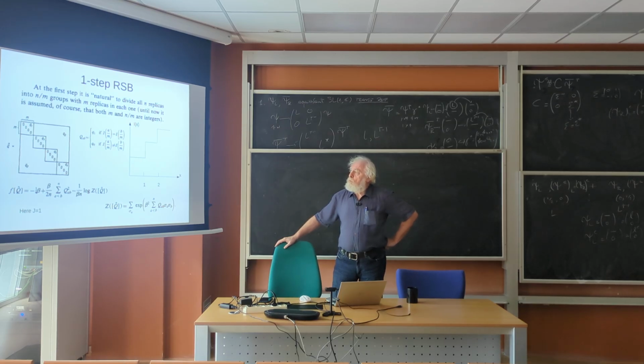But here, instead of making all of diagonal components of a matrix equal, we make simplest generalization, namely, we choose some blocks of size m close to near diagonal to have order parameter q1. And outside this block diagonal, it will be some q0.